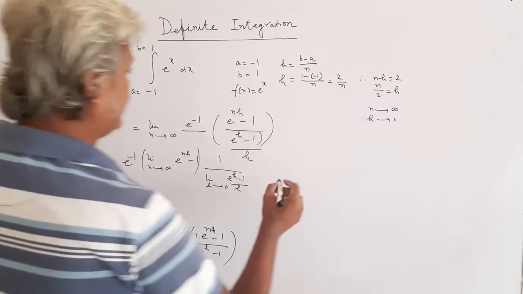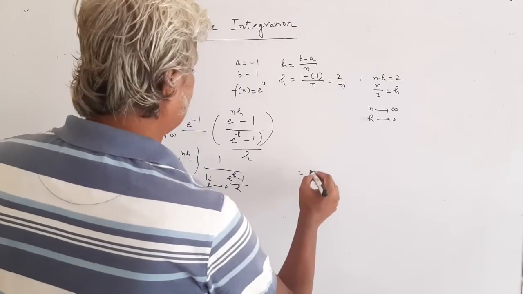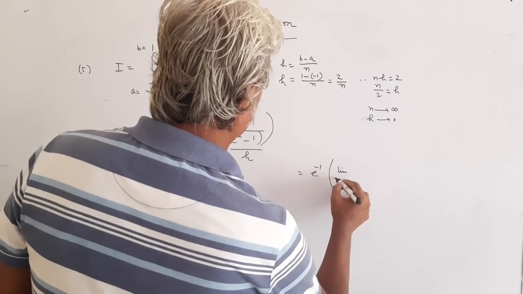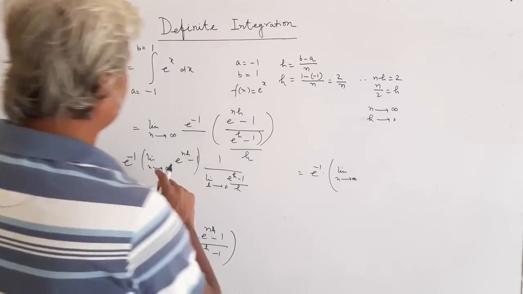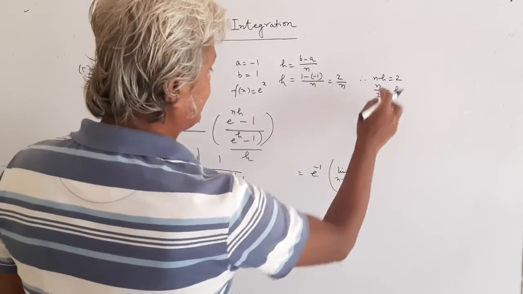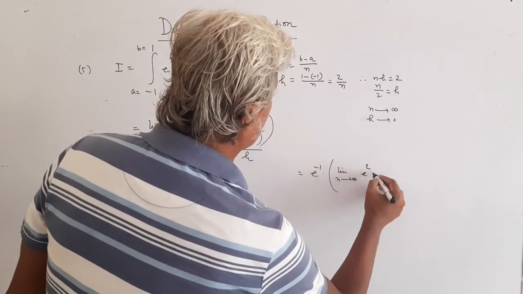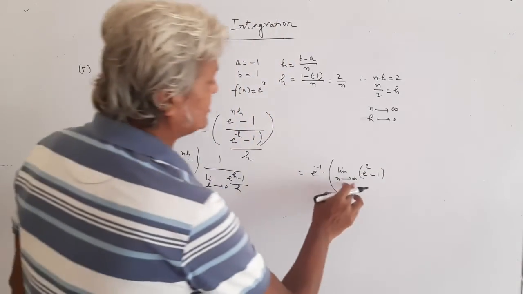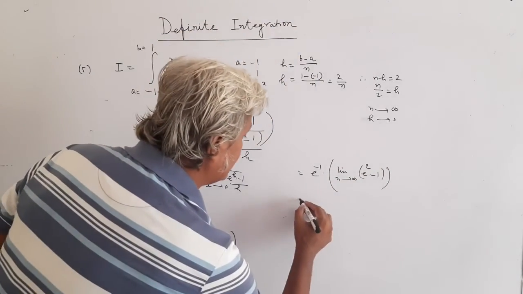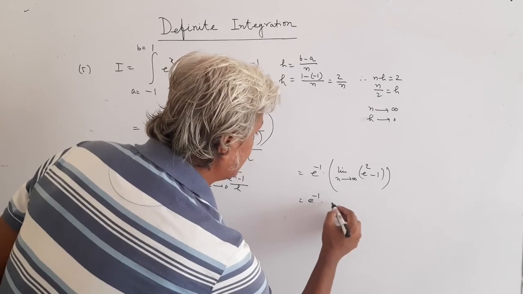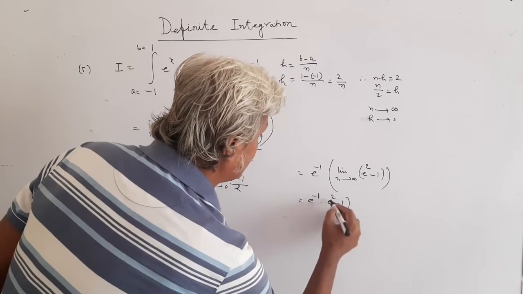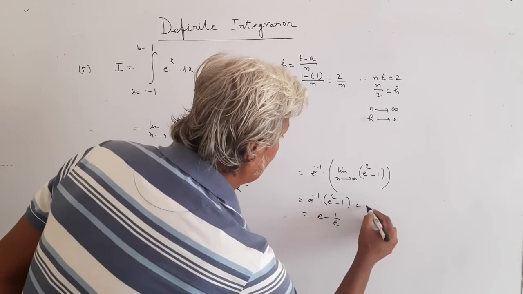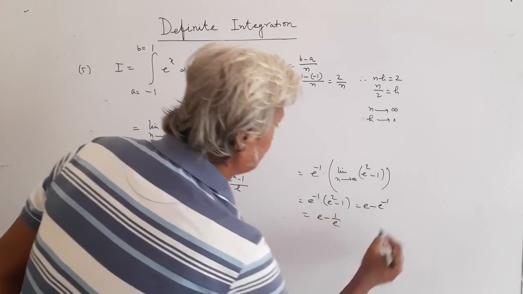So we are just having e to the power minus 1 limit n tends to infinity e to the power nh. What is nh? 2. So e to the power 2 minus 1. In this expression there is no n, so it will be e to the power minus 1 into (e squared minus 1). If you expand, this becomes e minus 1 over e, or e minus e to the power minus 1.